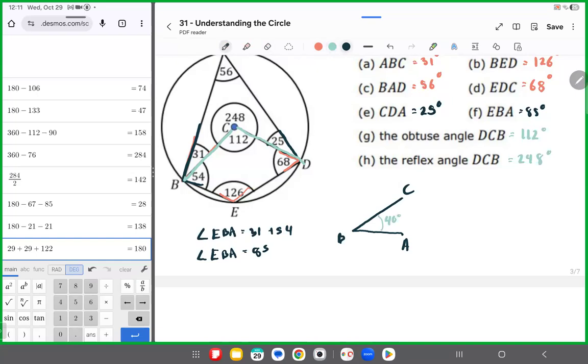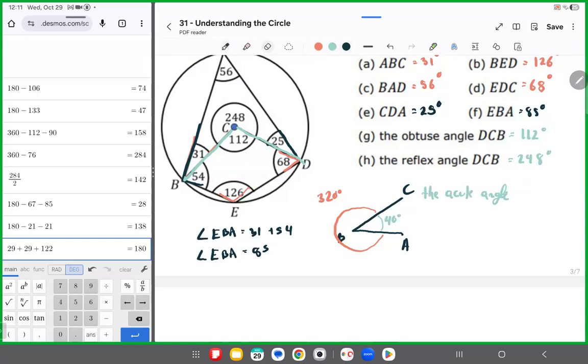And you might have the reflex angle all the way around, which would be 320 degrees. So in this case, they would classify this as the acute angle, CBA. Or if you don't want to call it CBA, you could call it ABC. That's fine as well.